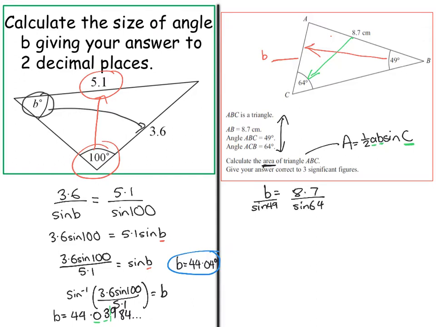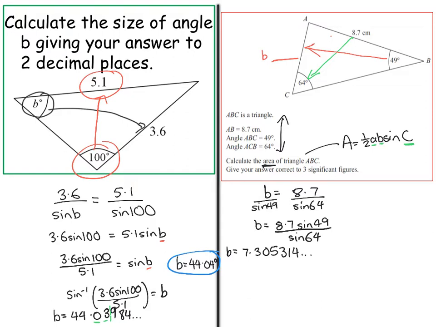So B is being divided by sine of 49 here, so I must times both sides by sine of 49, and I have B is equal to 8.7 times sine 49 all over sine of 64. If I type that into my calculator, then I will get that B is equal to 7.305314 and on and on and on.